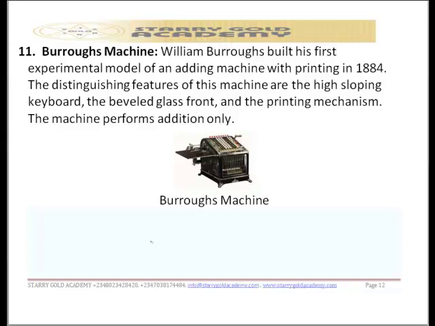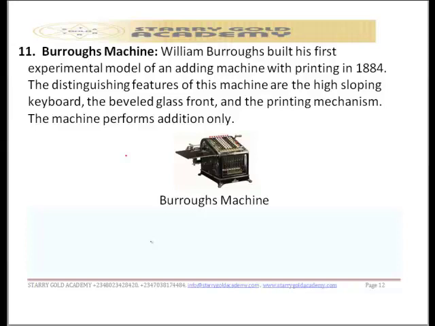The distinguishing features of this machine are the sloping keyboard, the beveled glass front, and the printing mechanism. The machine performs addition only.